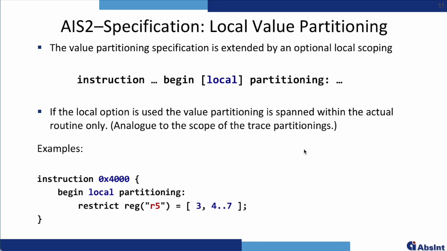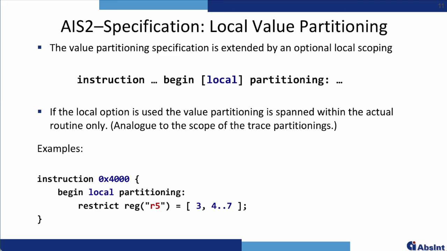Next, new specifications are local value partitionings. So in our contradiction finder demo, before we used a value partitioning on the return value of the process sensor routine, you remember, for the register D2. This value partitioning also had a global character.